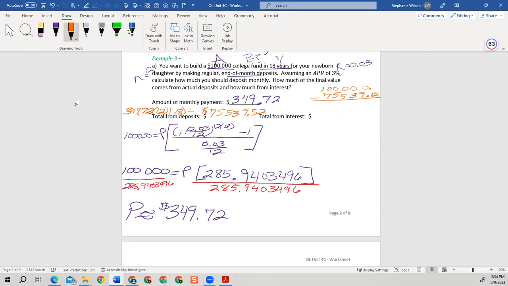So I actually acquired an interest of $24,460.48. Not bad.